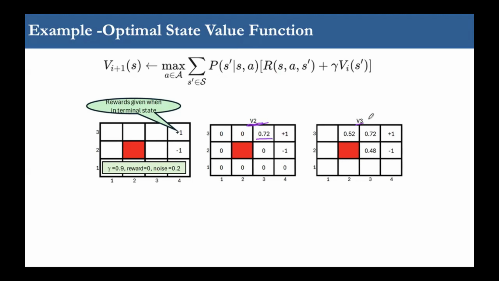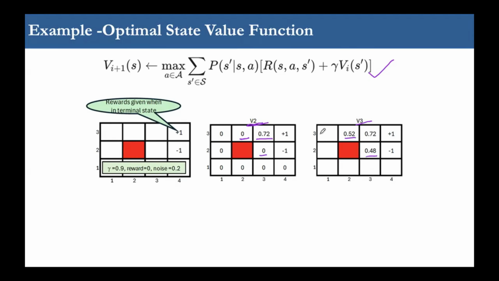Similarly, in the next iteration, you can calculate for this cell as well as this cell, because the neighbors for this particular cell 3,3 are 3,2 as well as 2,3. So we will be getting values for these two by applying the same formula.